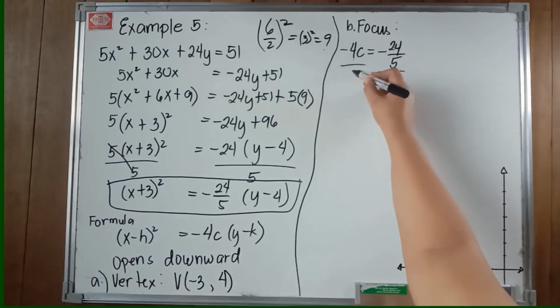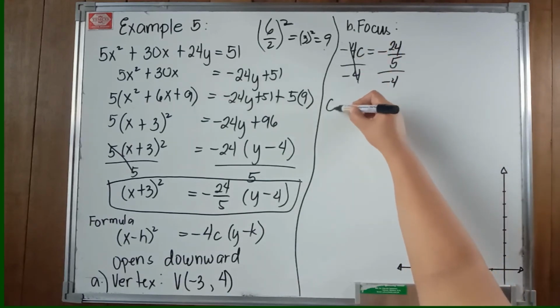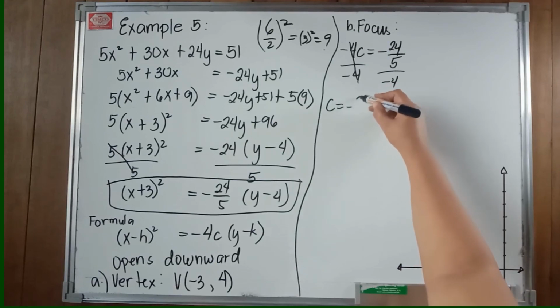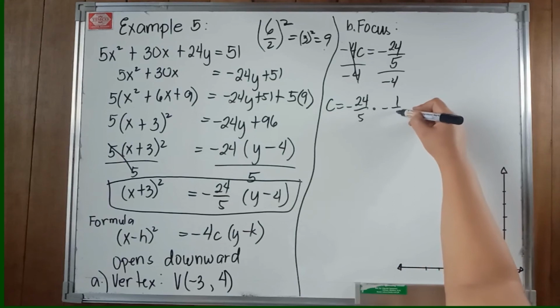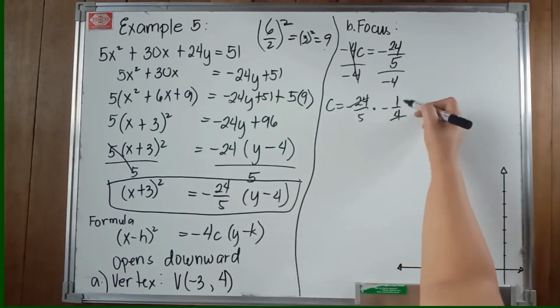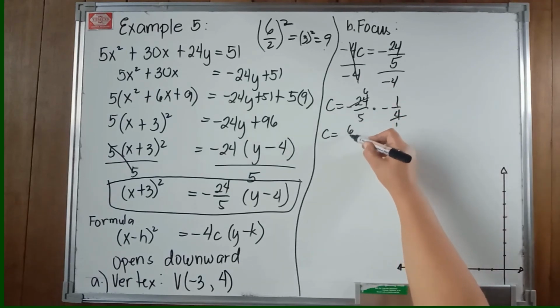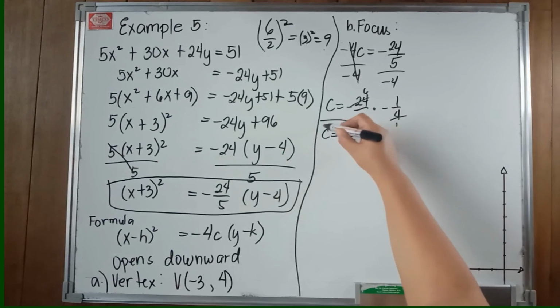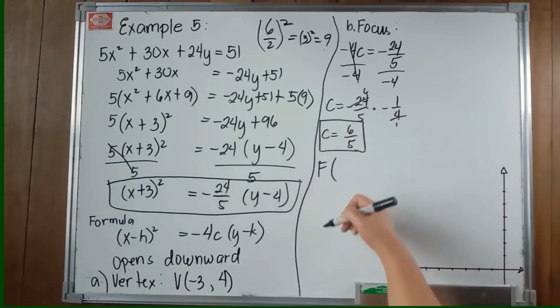So, we will divide both by negative 4 to isolate c. So, c is equal to negative 24 over 5 times negative 1/4. So, we can cancel 24 and 4. 24 becomes 6 and 4 becomes 1. 6 times 1 is 6 over 5 times 1 is 5. So our c is 6 over 5.